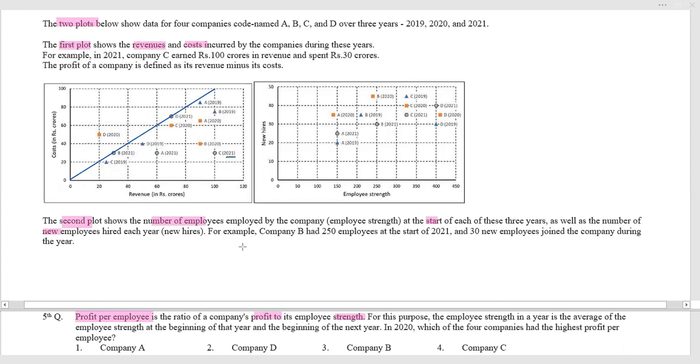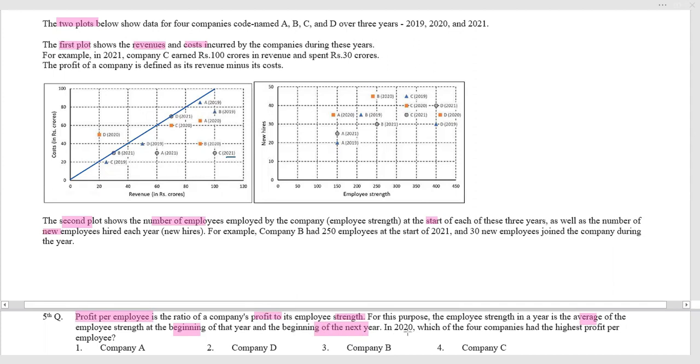And employee strength, for this purpose, the employee strength in a year is the average of the employee strength at the beginning of that year and the beginning of the next year. If I take the average of these two data, then it will be the average employee strength. So that needs to be the employee strength and that profit. These are the two criteria for finding the ratio high or low. That I have to check.